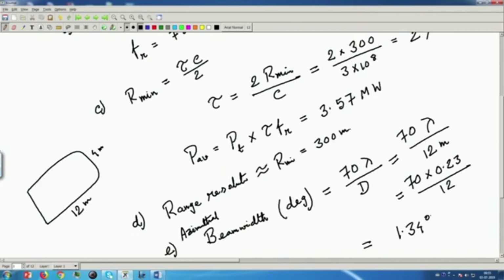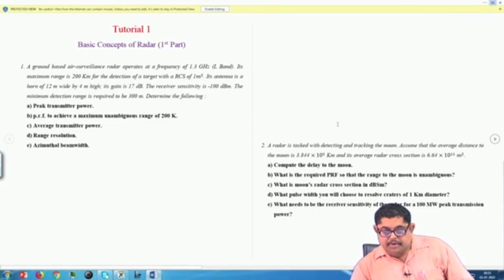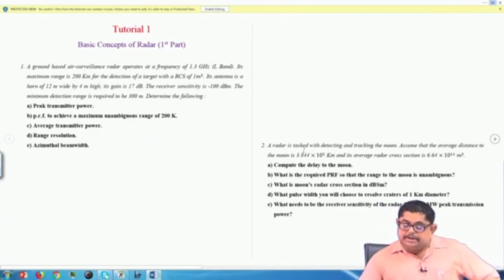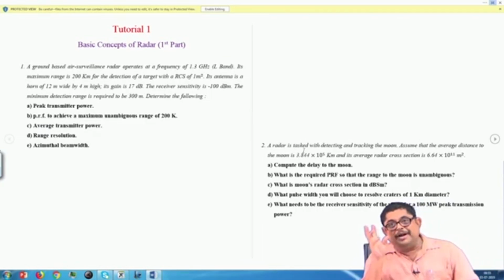Okay. So, you see who helped us to get all these things? Our radar range equation. You see, this is the second problem. Problem 2: a radar is tasked with detecting and tracking the moon.